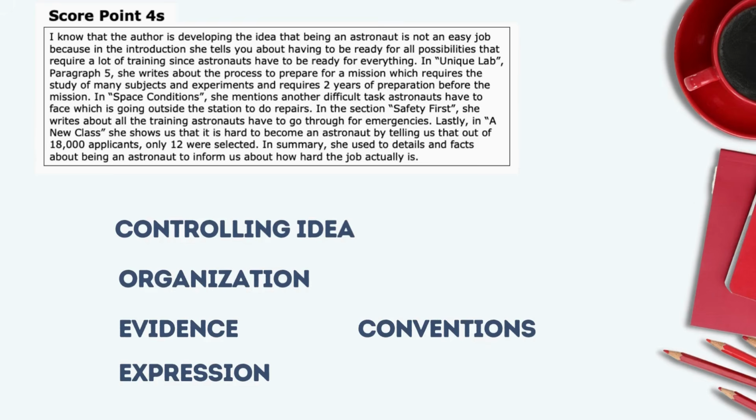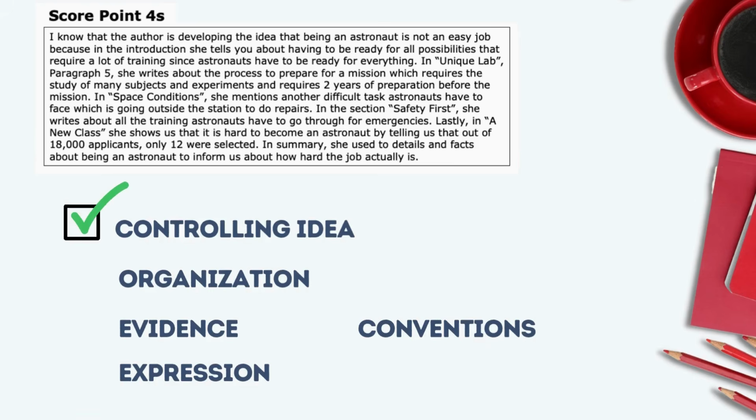In Space Conditions, she mentions another difficult task astronauts have to face, which is going outside the space station to do repairs. In the section Safety First, she writes about all the training astronauts have to go through for emergencies. Lastly, in a new class, she shows us that it is hard to become an astronaut by telling us that out of 18,000 applicants, only 12 were selected. In summary, she used the details and facts about being an astronaut to inform us about how hard the job actually is.